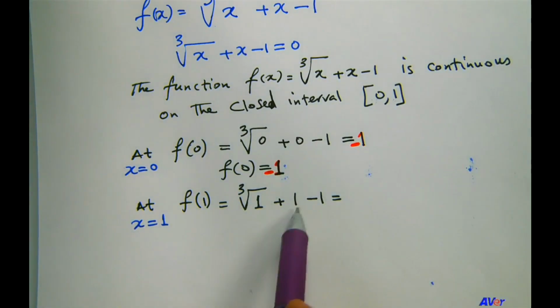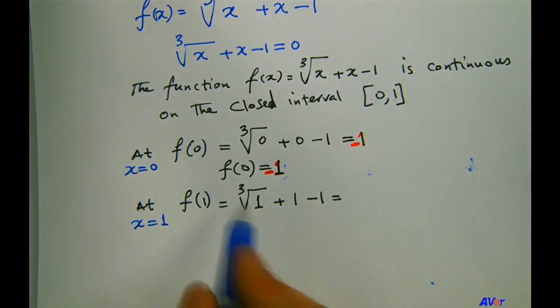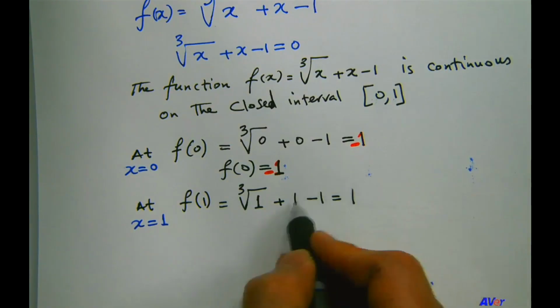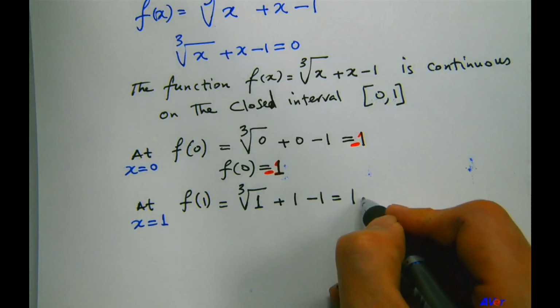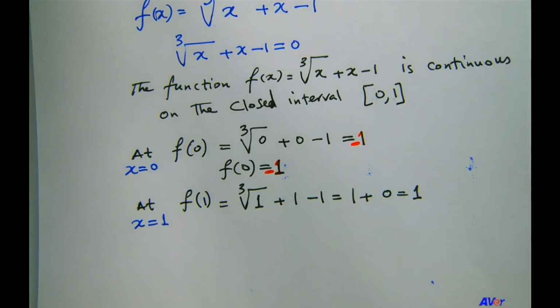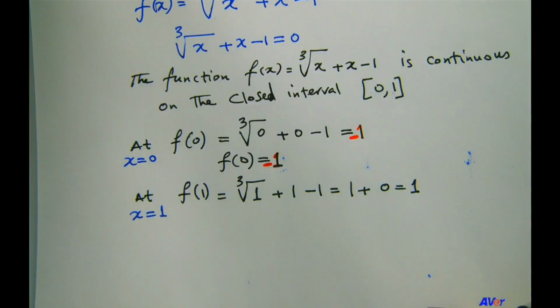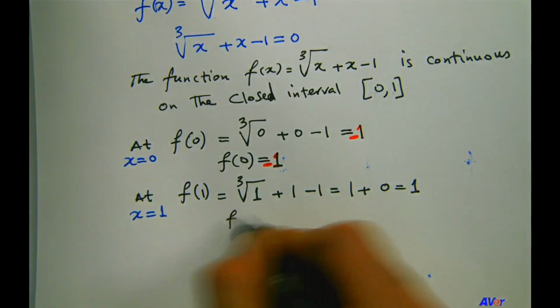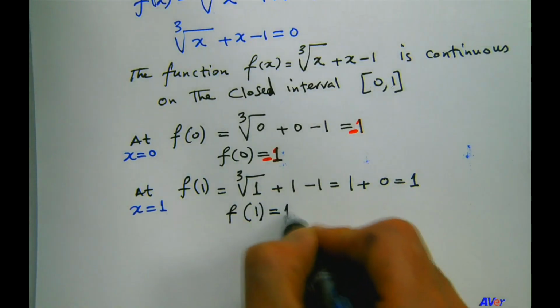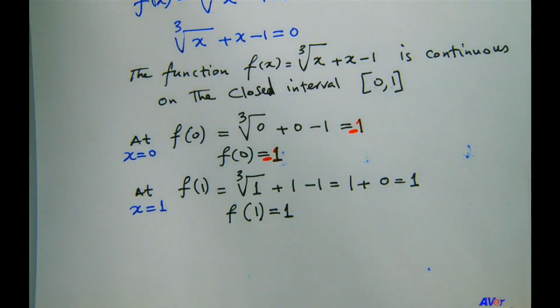And here we have positive 1, right? Because cube root of 1 is 1. These two cancel each other. So 1 plus 0 is just positive 1. So therefore, the function value at 1 is equal to 1. Okay?